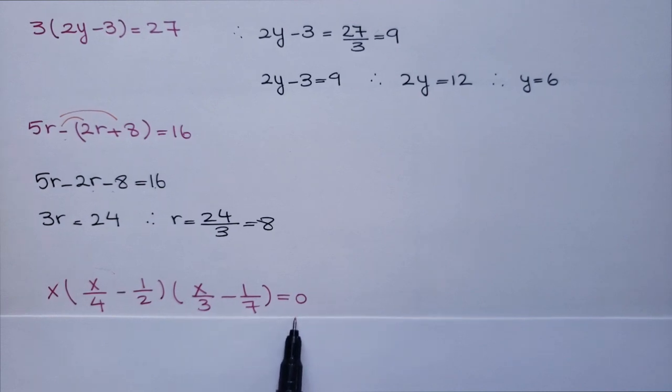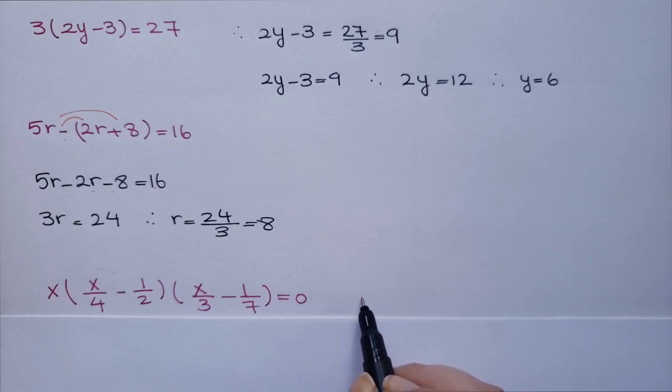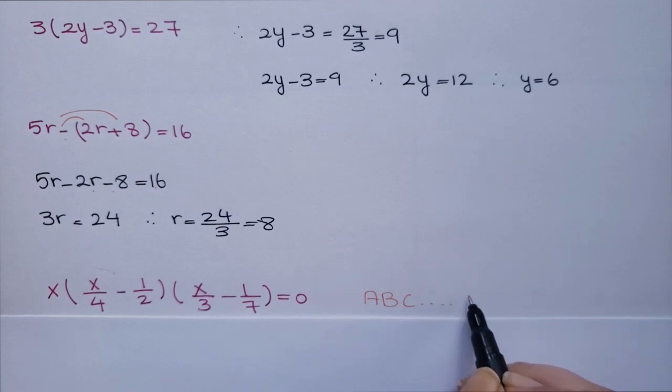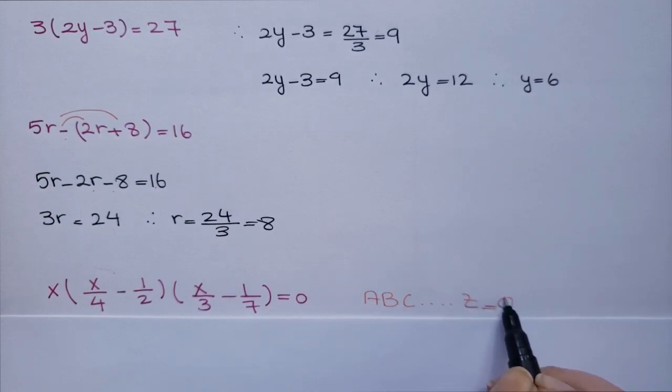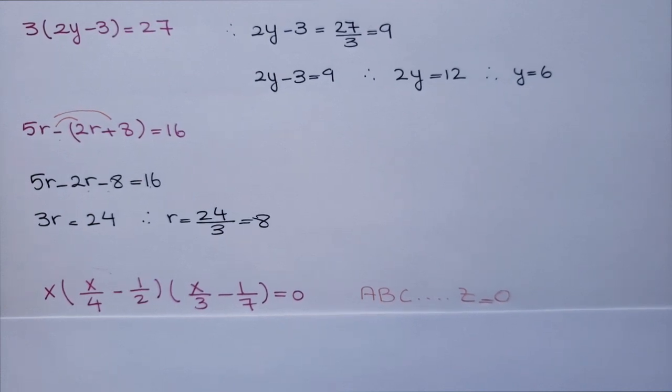I've also mentioned in one of my videos, if a few or many algebraic expressions are multiplied to one another, and the answer is equal to 0, that means any of the parentheses or brackets are potentially 0. So A could be 0, B could be 0, C could be 0.